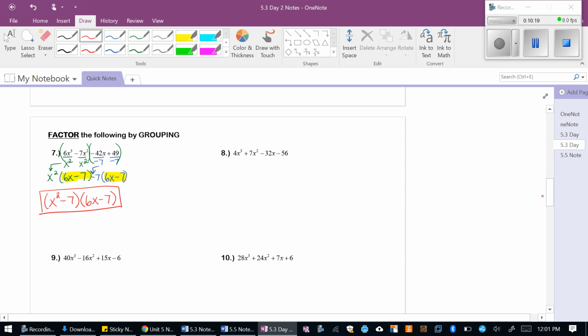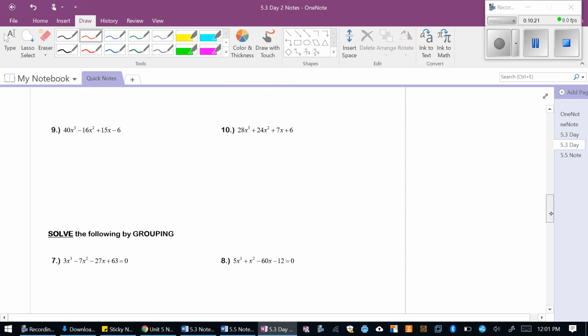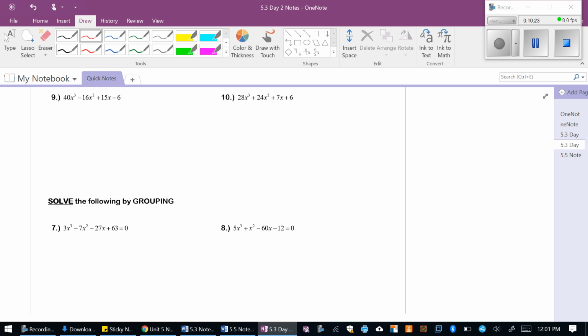I'm going to work through one more here. So in number 9, we're going to group these two together. My GCF for 40x to the third and 16x squared is going to be 8x squared. 40x to the third divided by 8x squared is 5x.